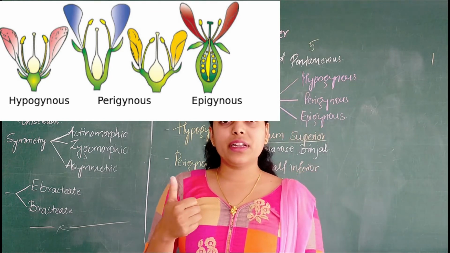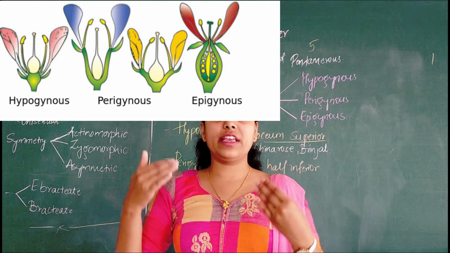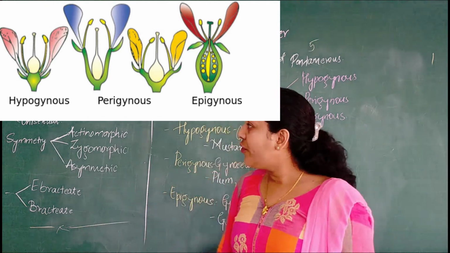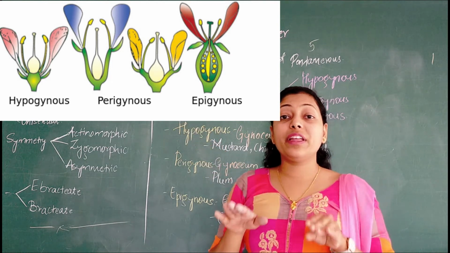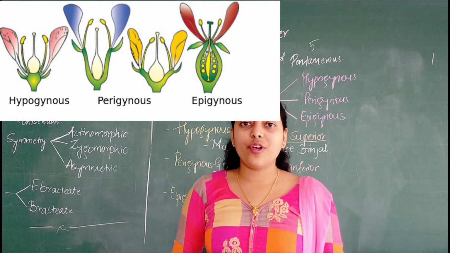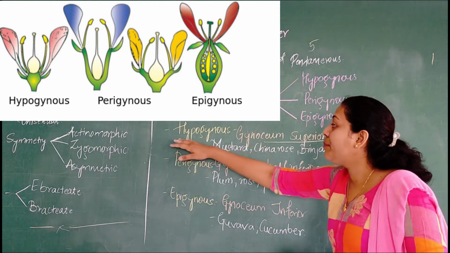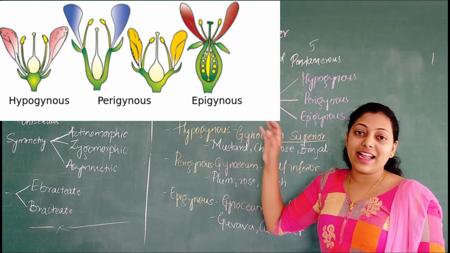One is hyper and the other is hypo. Hyper is always very high. Hypo is always very low. Over here we can see calyx, corolla, and androecium to be lowest in position. Only the ovary is highest in position. That's why the word hypo here resembles calyx, corolla, and androecium.